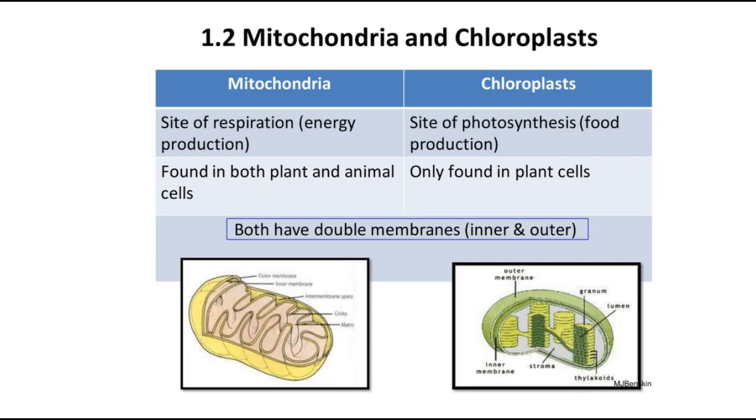So those inner folds are the cristae. That's what's distinctive about the mitochondria. So anytime you see a diagram of the cell and you see these curvy inner folded lines within the oval shaped structure, you know that has to be the mitochondria.